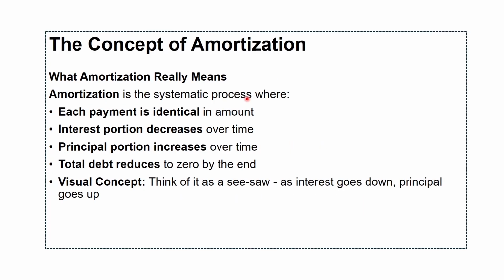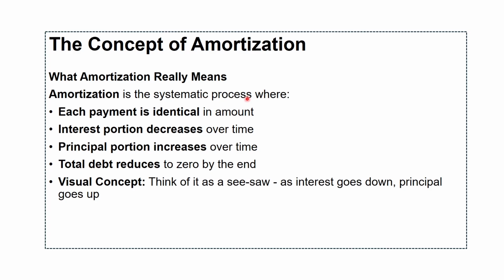Then we come to the concept of amortization. Amortization is the systematic process where each payment remains identical, but the interest portion decreases over time. So, the principal portion increases and the total debt reaches 0 by the loan's end.